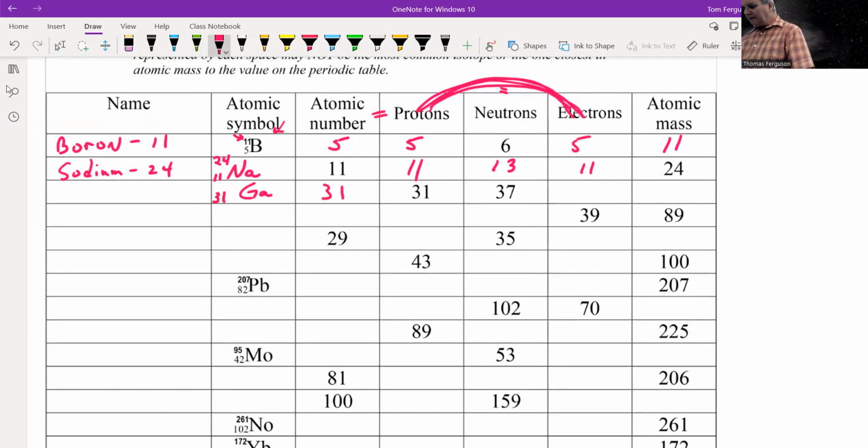The superscript is the atomic mass for that isotope, which is protons plus neutrons. That's 68.